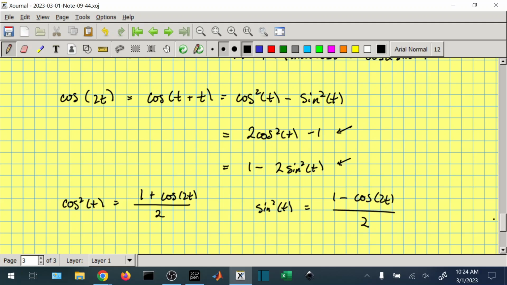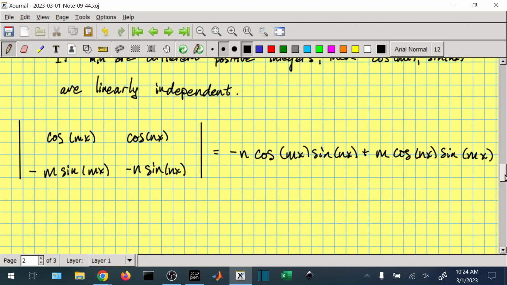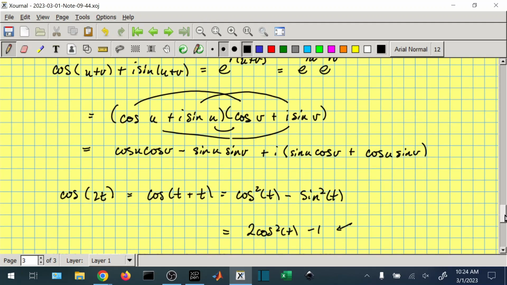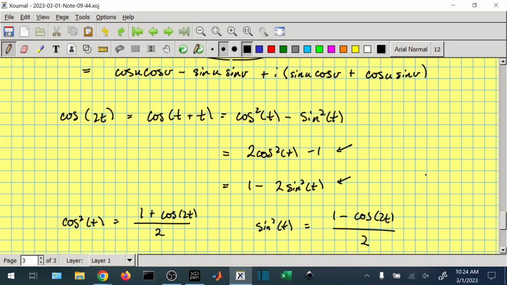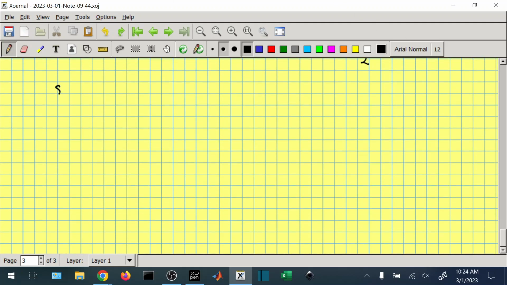Now I have to ask myself, I've got cosine times sine. Which one of these has cosine times sine in it? This one. Sine of u plus v is sine u cosine v plus cosine u sine v.